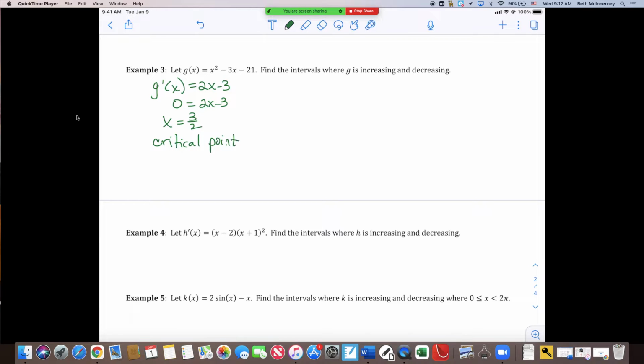All right, did you get x equals 3/2 as the critical point? This is a parabola, so you do want to think about that. So you're going to make a number line, and because we're eventually going to get to second derivative number lines, let's get in the habit of labeling that this is g prime of x.